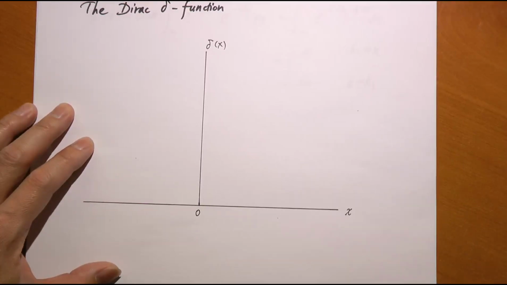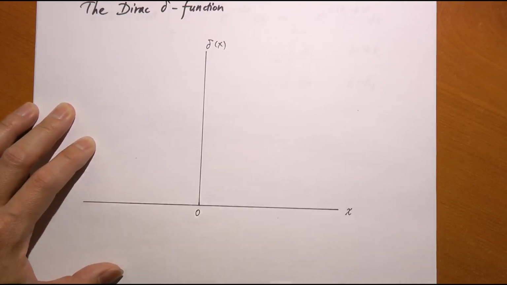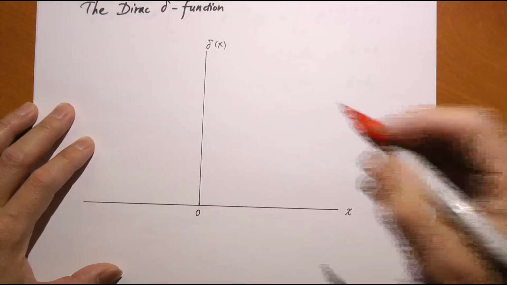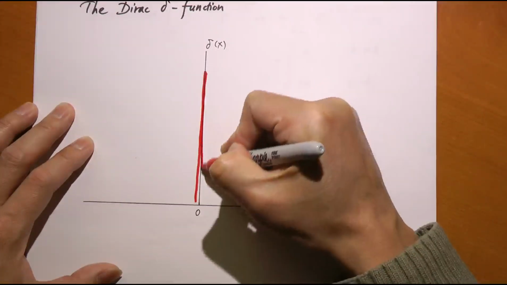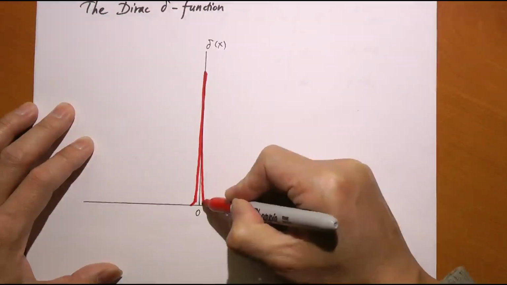The delta function behaves like this. It shoots to infinity at x equal to 0, and it's 0 anywhere else.